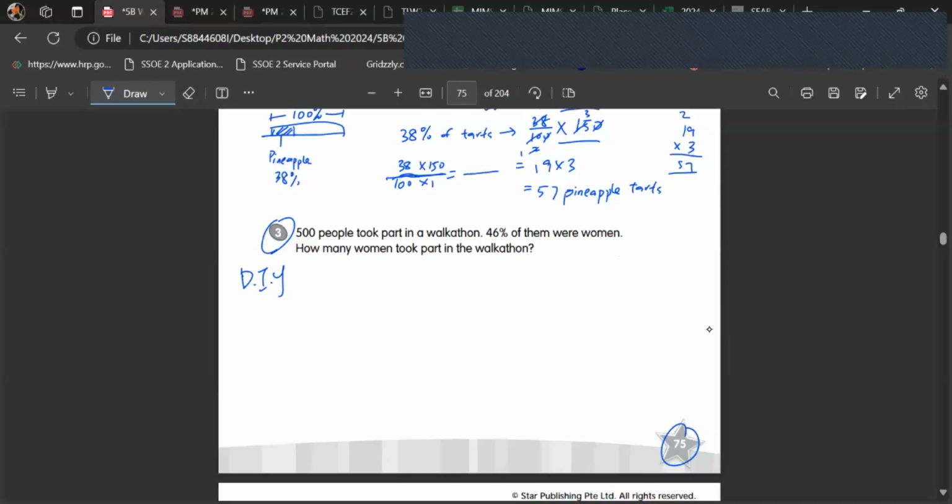Either method works, no matter whether it is 46 out of 100 times 500, or taking 100% as 500 and then finding 1%. Either way is easy, I think. Quite straightforward.